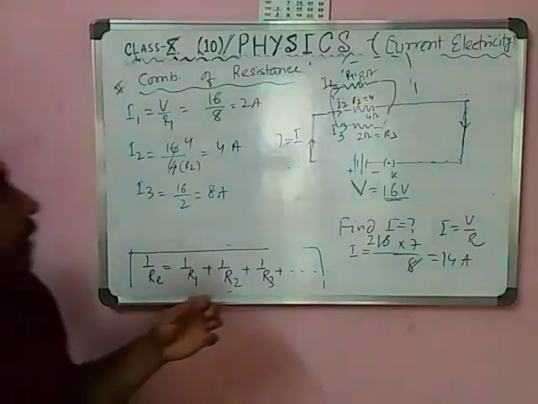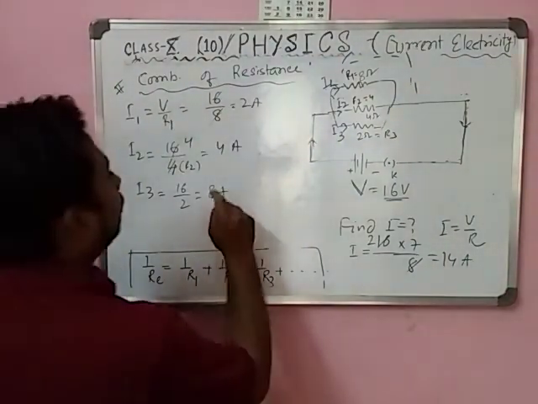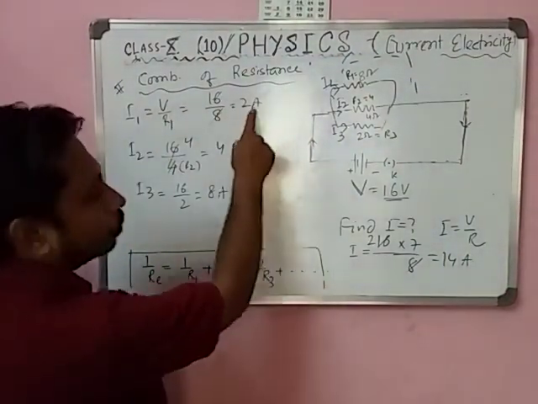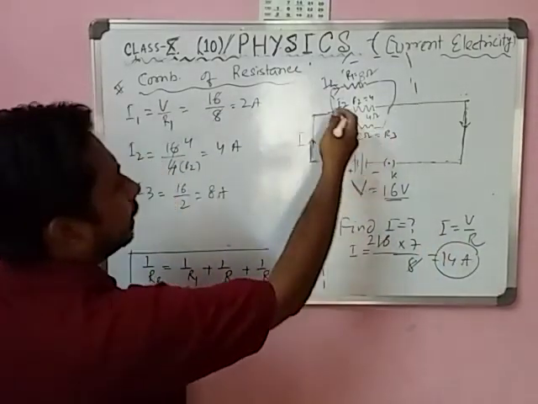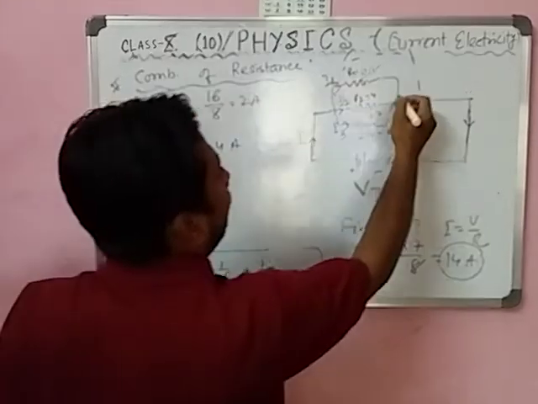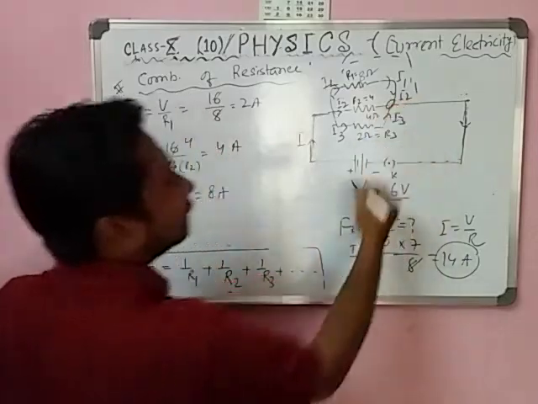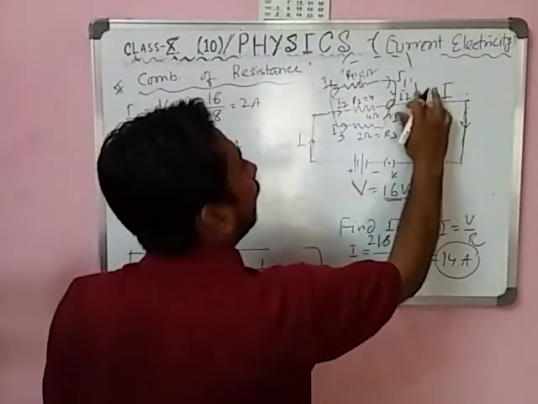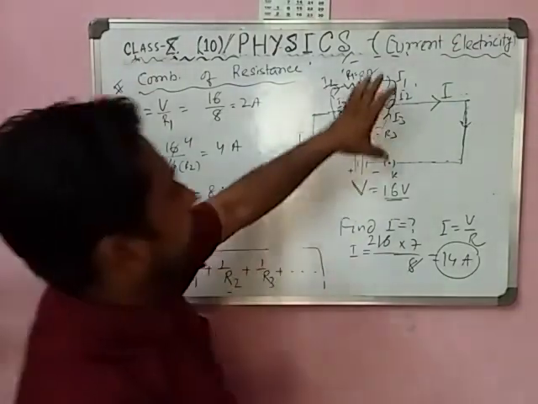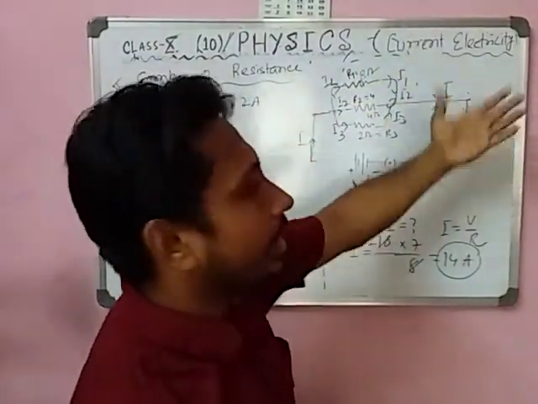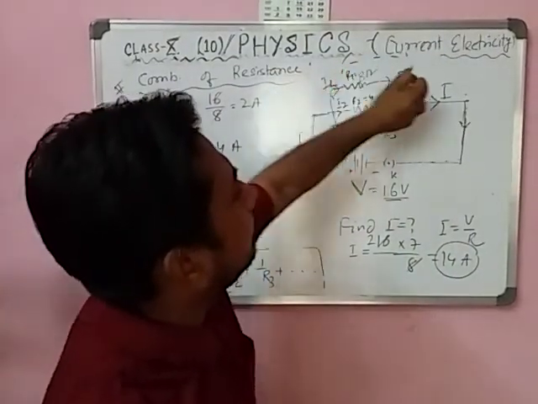Now students, is my answer correct or not? You can check. See, 8 plus 4 plus 2, the total current is 14. Actually the current I is divided into I1, I2, I3, and I1, I2 and I3 meet at the junction, forming the total current I again.